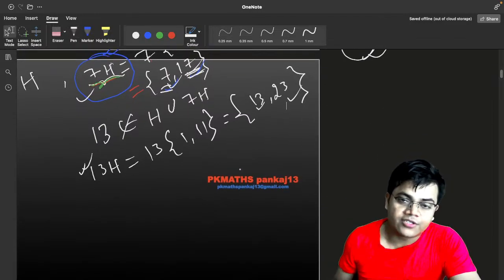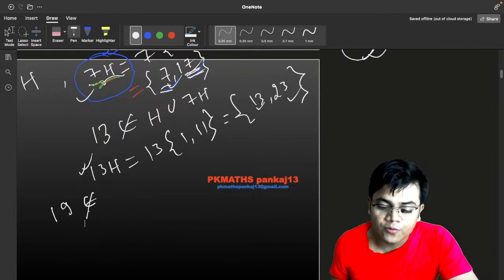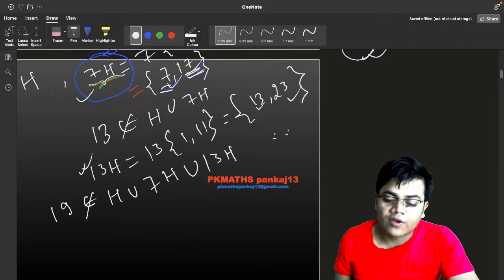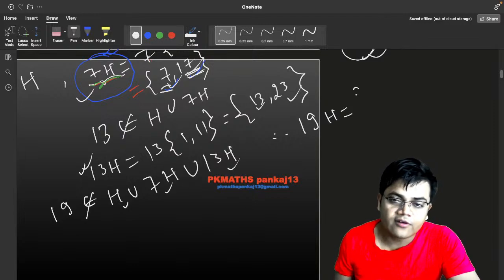You will not hesitate to say that as this 19 does not belong to H, or to 7H, or to 13H, therefore we will be able to write 19H, because 19 does not belong to H, 7H or 13H. Therefore, it will become 19 into 1, 11.